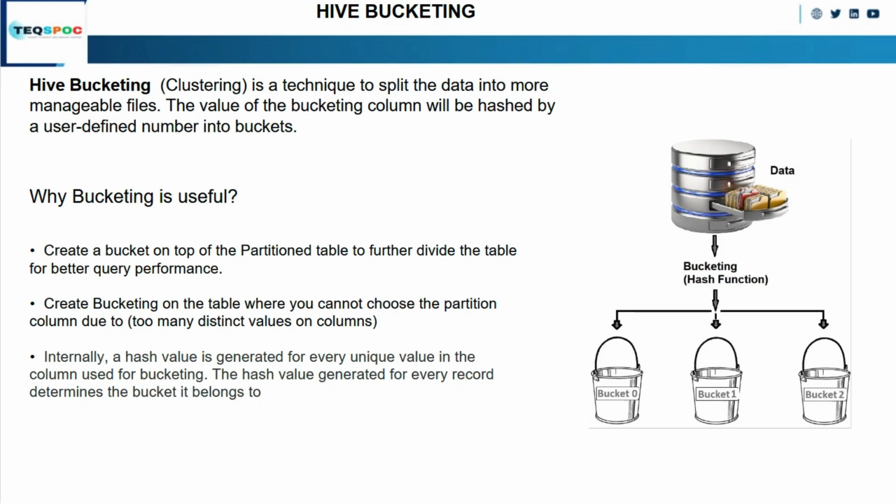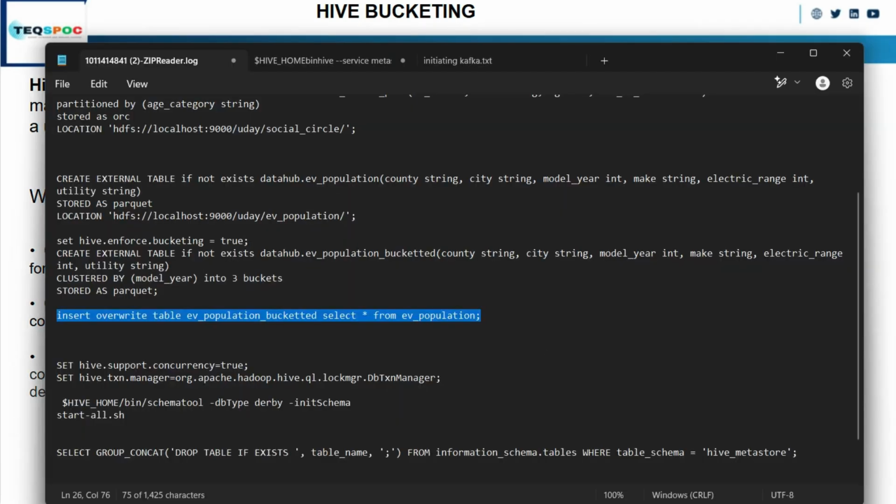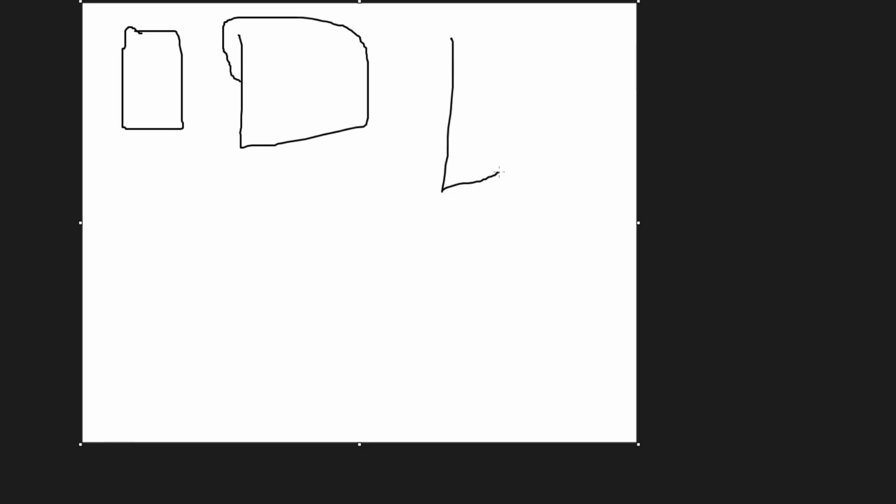Let me try to paint a picture to make you understand how it works. Suppose I have three buckets. There is one table on top of which I want to create three buckets. Just pardon my drawing, I'm just trying to make you understand how it works.